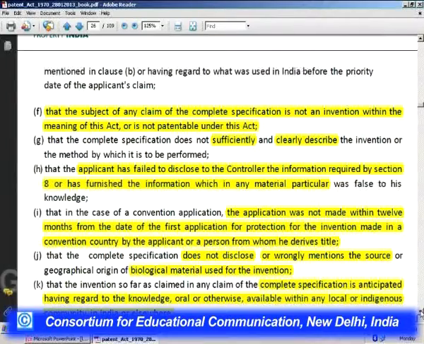Well, friends, another important ground which section 25(1)(k) furnishes for the person approaching the controller for the pre-grant opposition is the ground where the complete specification is already anticipated. This ground is quite easy to comprehend: whenever the applicant fails to disclose the complete specification properly, because section 10, especially through subsection 4, requires the patent applicant to disclose the information sufficiently and clearly.